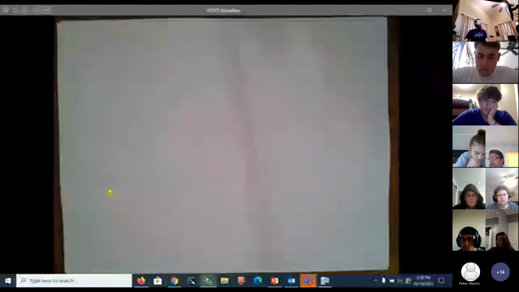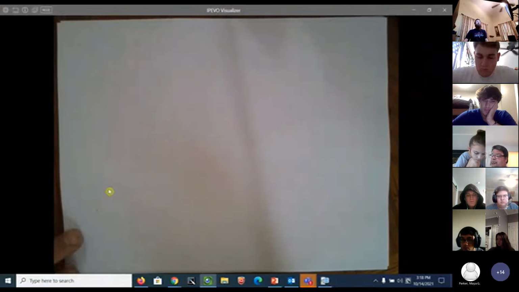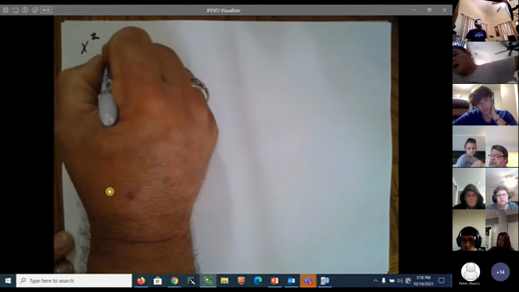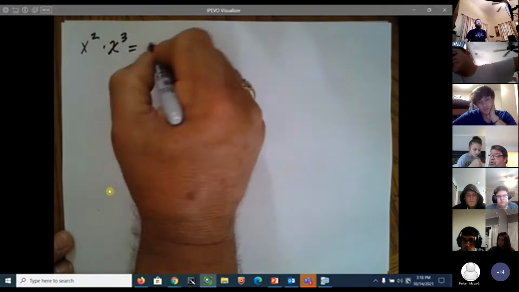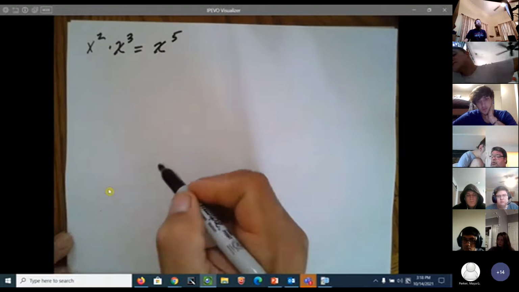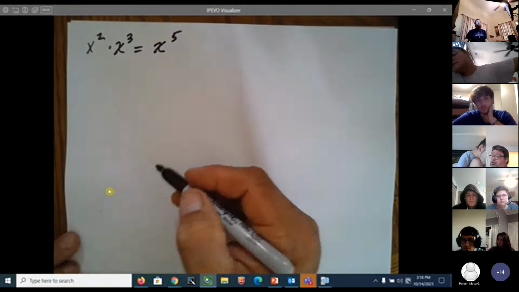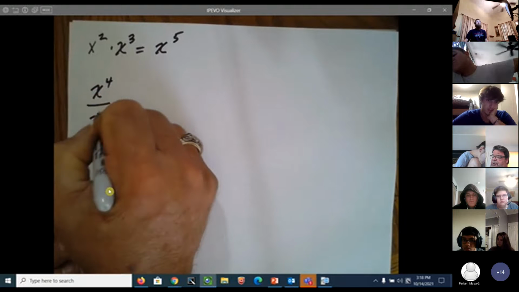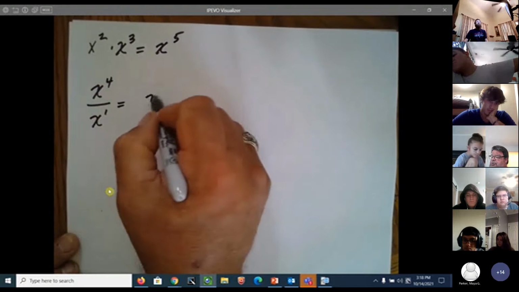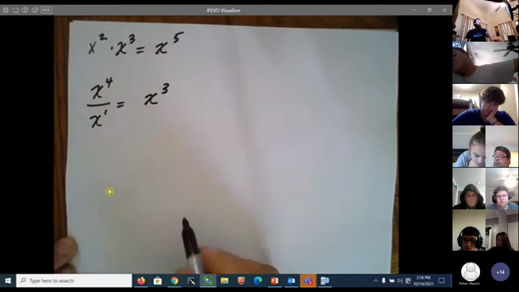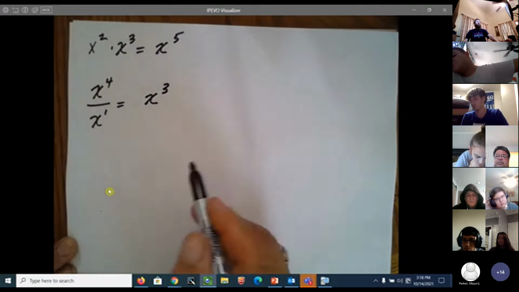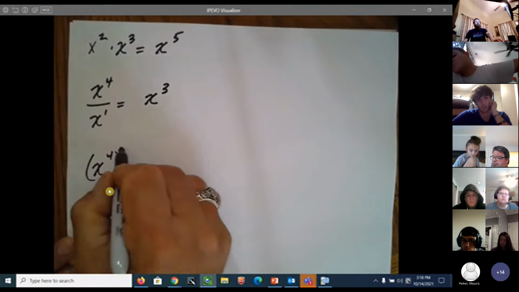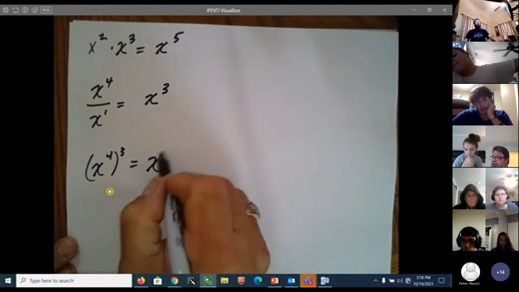First of all, you got to remember your exponential laws, which is the power rule. X squared times x to the third is equal to x to the fifth. You got to remember your quotient rule. X to the fourth divided by x to the first is equal to x to the third. You add, you subtract. Power rule, x to the fourth to the third is equal to x to the 12th.